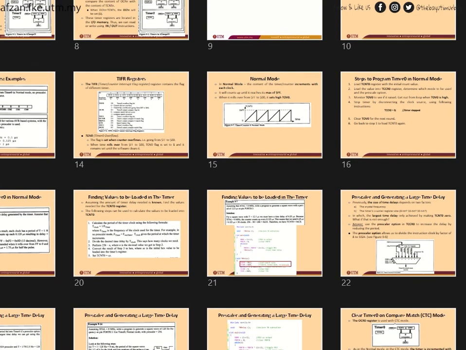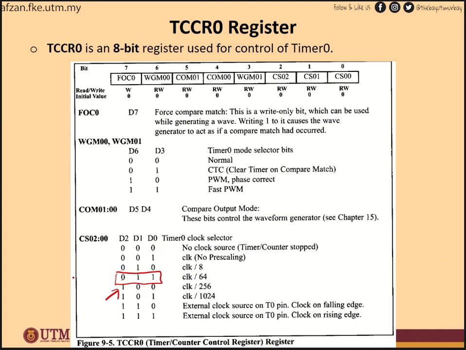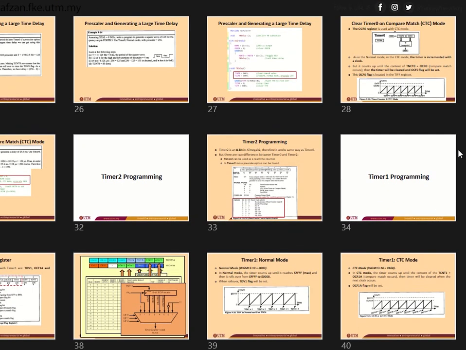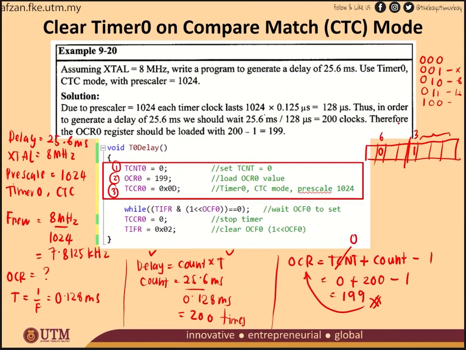Where is our table, right? Sorry, 011 is 64, 100 is 256, and followed by 101 is 1024. Okay, here, this is 64. This is 256. 101. This is 1024. Okay, so you need to put 101.